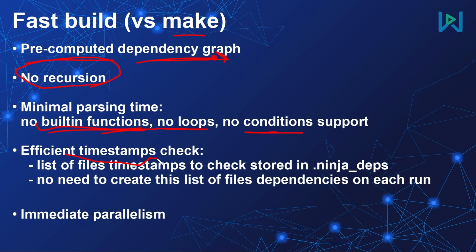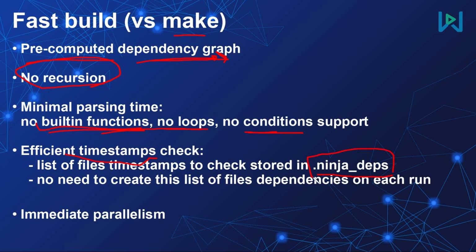Ninja is quite different. Here, all the files or sources that our rules need will be stored within this Ninja deps file. So we are centralizing the information about the files that our project needs within a single file.